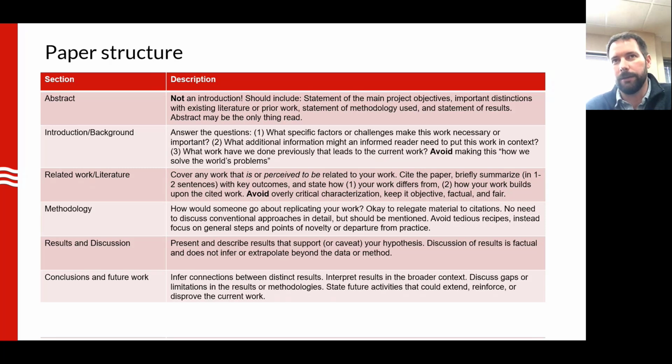You don't want to say, and here's where our lab is going to propose next, right? Because that screws your advisor over a little bit. So yeah, that's I guess the main parts of the paper structure. Lots to talk through there, but I think that at least gives you a clear sense of what's going on.